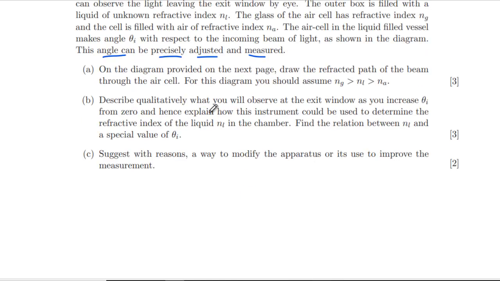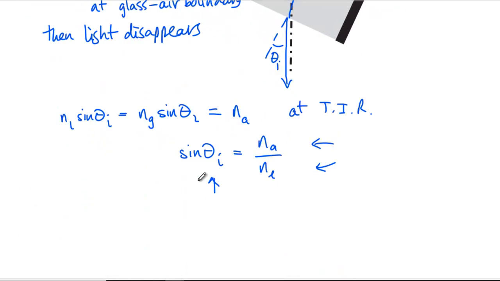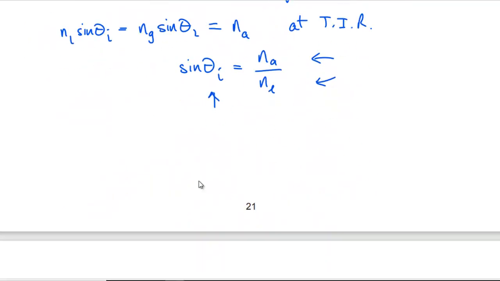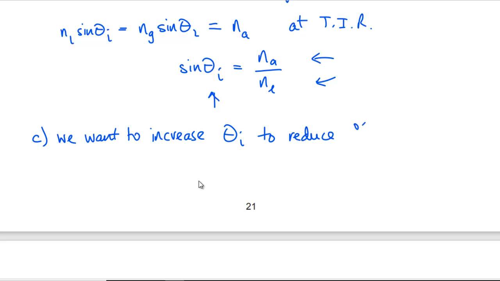Right, so that's good. Suggest with reasons a way to modify the apparatus or its use to improve the measurement. Right, so the thing we're measuring is theta I. So to improve that, we want that to be as big as possible. So we want to increase theta I to reduce the percentage error on measurement.